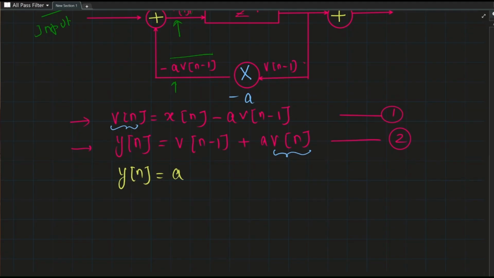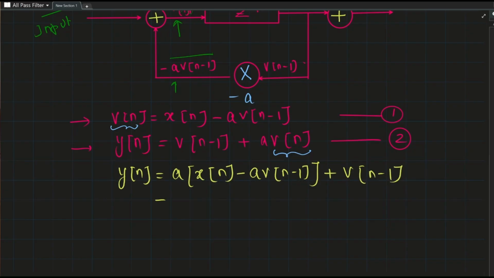So yn equals a times this entire formula, which is xn minus a Vn minus 1, and this is getting added with Vn minus 1.